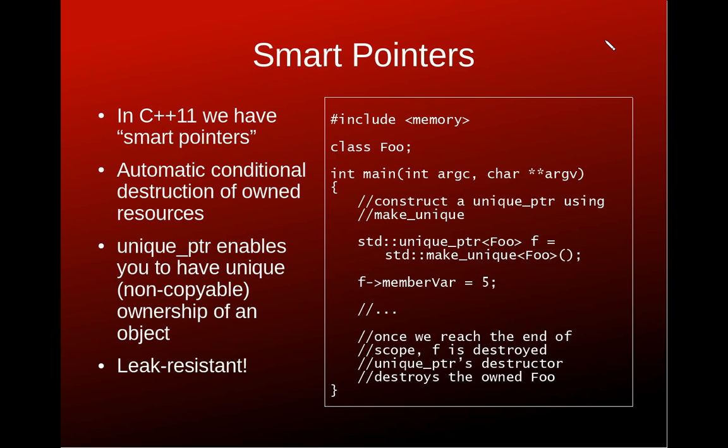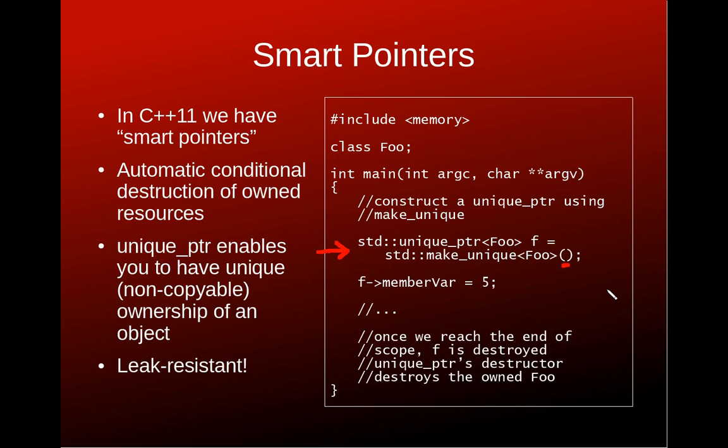Okay, so this is incredibly powerful. Let's look at the example code here. So here we're creating a unique pointer. Okay, we use std::make_unique, which is a helper function that forwards the arguments that you give it using std::forward. It forwards those arguments to the constructor of the class.